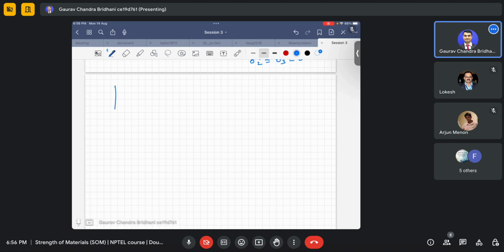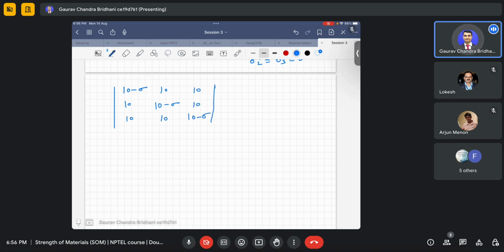In that case, we find the determinant of the given matrix: 10 minus sigma, 10, 10; 10, 10 minus sigma, 10; 10, 10, 10 minus sigma.